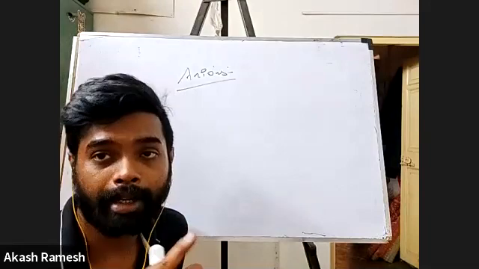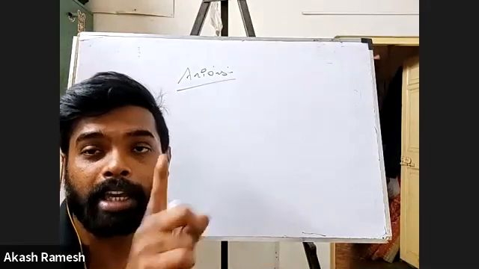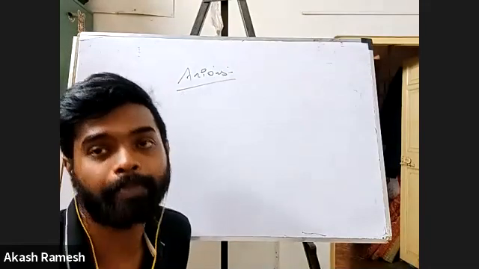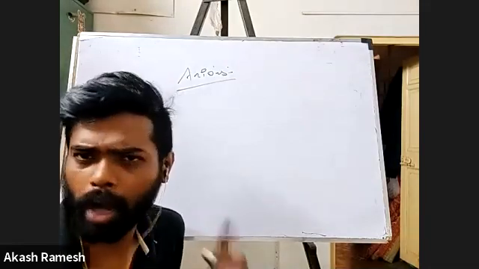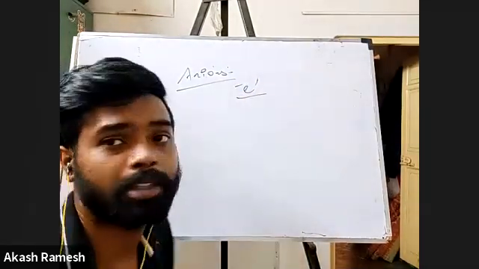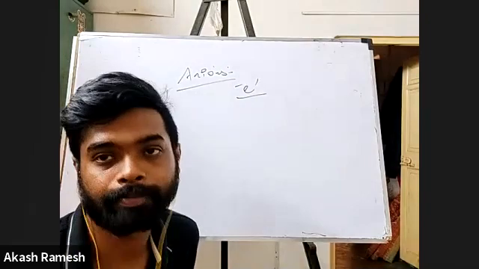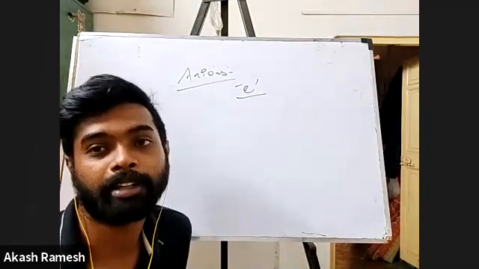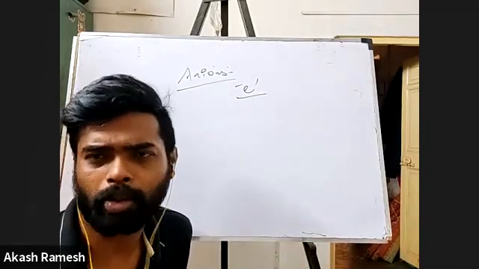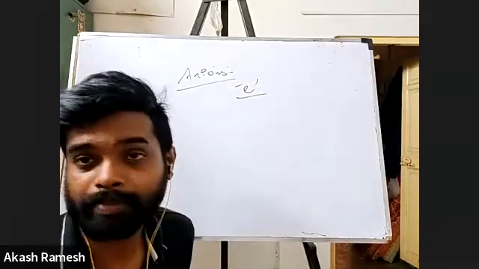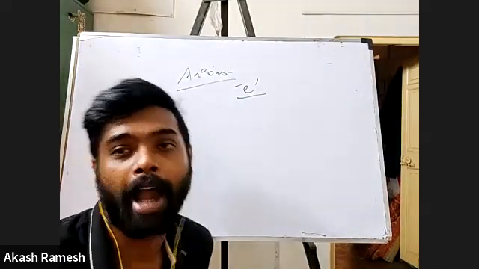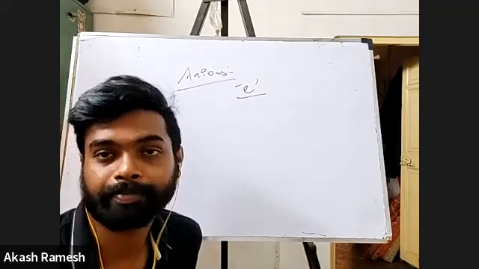If you see that the name is ending with IUM, then it's a cation. Now, how will I do for anion? If you find that it is ending with E, chloride, oxide, sulphide, nitride, nitrate, sulphate, all these things, whenever you see it is ending with E, that means it is definitely going to be an anion. That's what you need to understand.